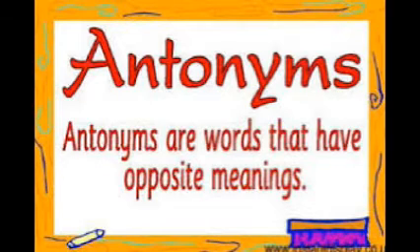Use, when you add again a prefix ab, it becomes abuse. Body, antibody. Social, anti-social. So you get the antonym by adding the prefix. Advantage, disadvantage. Like, dislike. Agree, disagree. Appear, disappear, and so on.